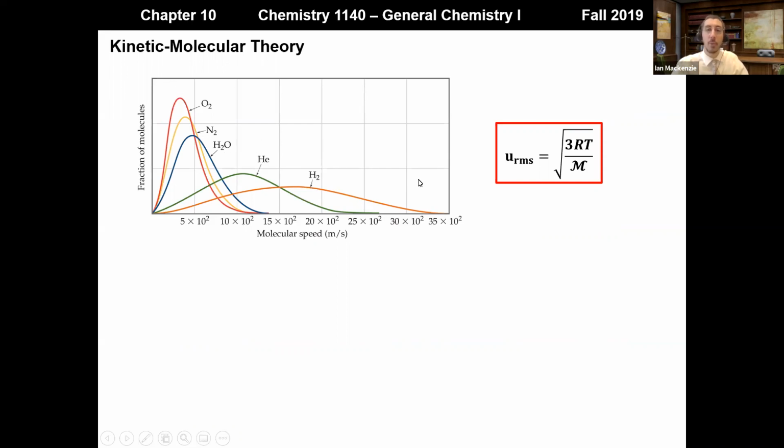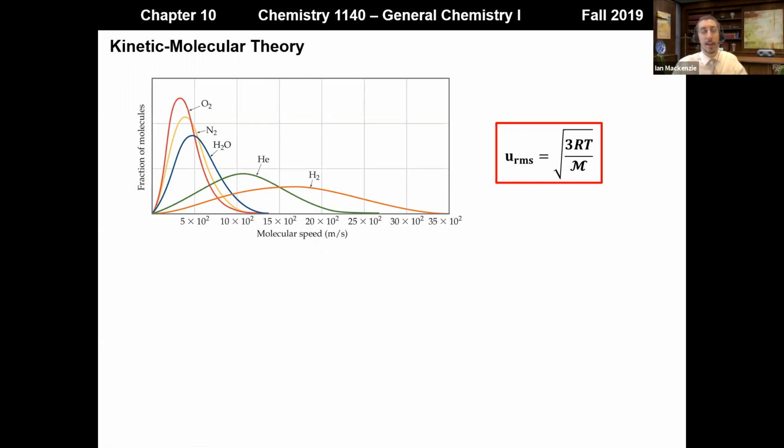And that tracks with the molar mass. So the molar mass is the lowest for hydrogen and the greatest for oxygen. And so since those two are inversely proportional, hydrogen has the greatest speed with the lowest molar mass. Oxygen has the least average speed with the highest molar mass.